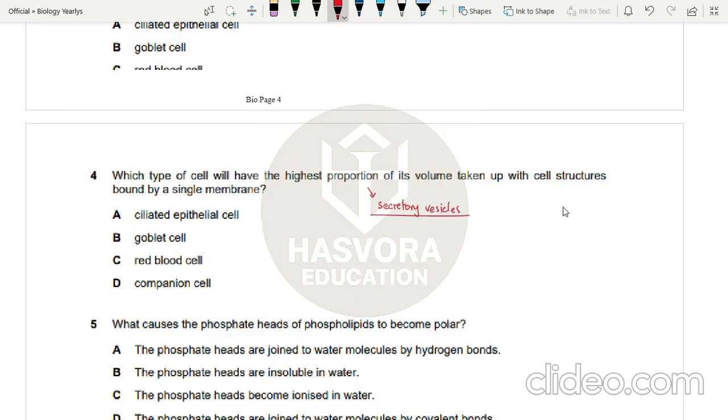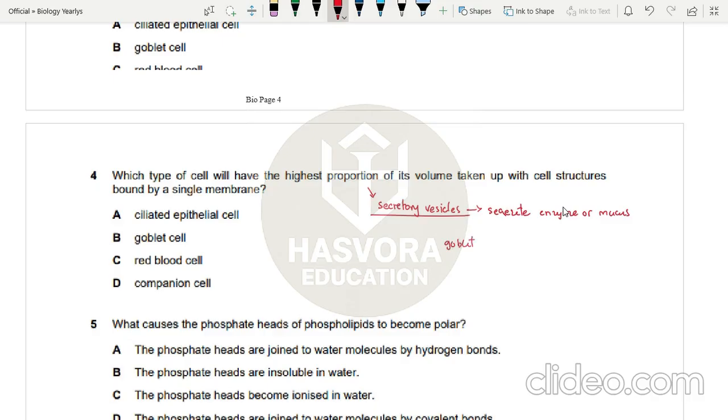And now why are they called secretory vesicles? Because they secrete either enzymes or mucus, just like in the trachea or the bronchus. So to secrete the mucus, what is actually needed?